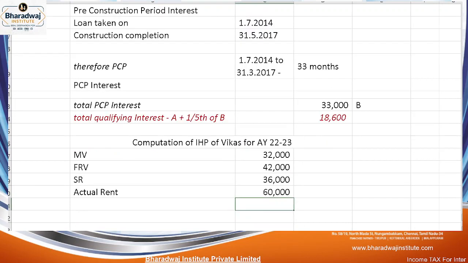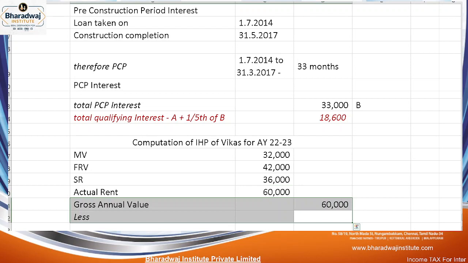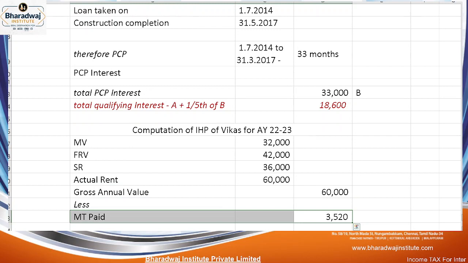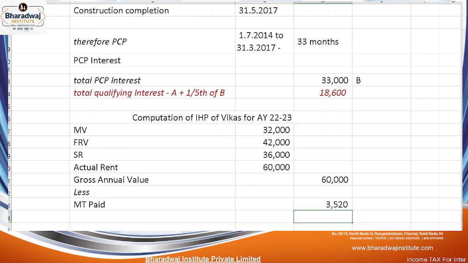Apply the steps. 32 or 42, whichever is higher, that 42 or 36, whichever is lower, then 36 or 60, whichever is higher. 60,000 becomes the gross annual value, less municipal taxes paid. Municipal taxes paid are 11% of the municipal value. No vacancy, no unrealized rent, nothing.